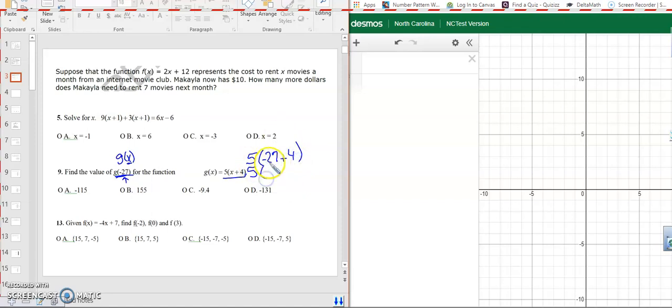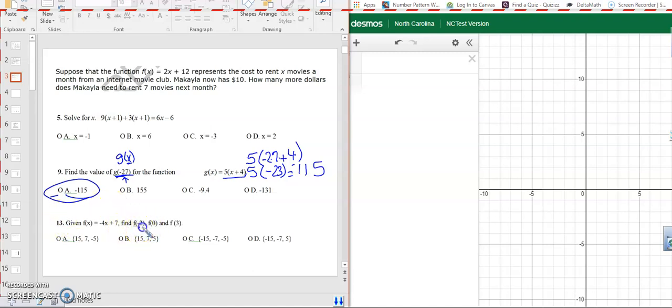All right, so let's see what that is. Negative 27 plus 4 is negative 23. And negative 23 times 5 is negative 115. So our answer is negative 115.